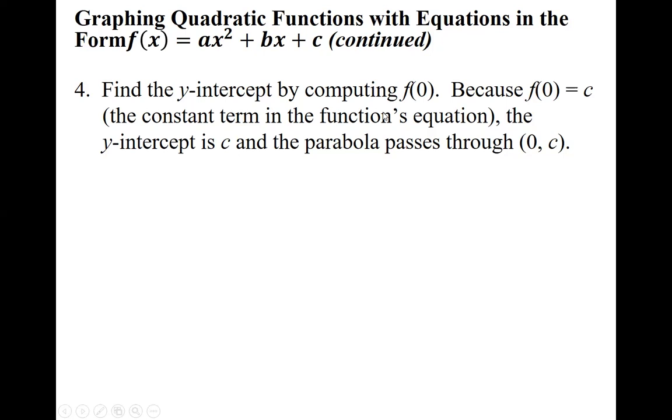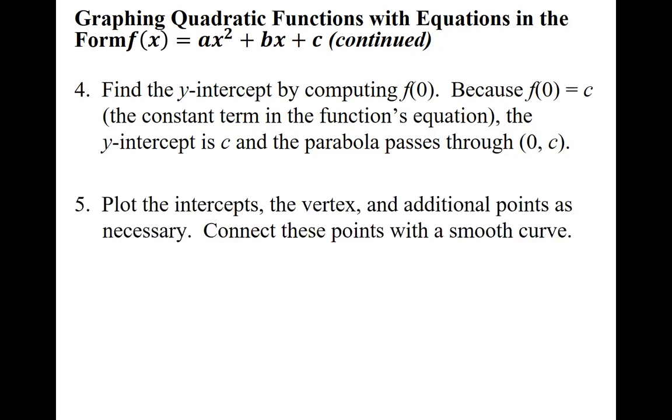Very similar to the b in y equals mx plus b, because that's all that's left when x is 0. So we plot the intercepts, the vertex, any additional points we might need to help clarify the shape, and connect the points with a smooth curve, drawing our parabola.